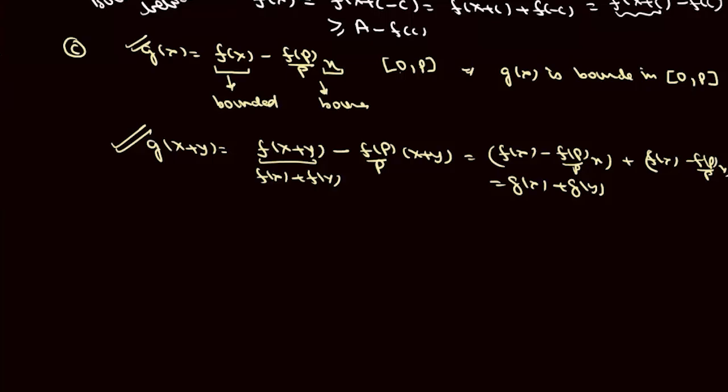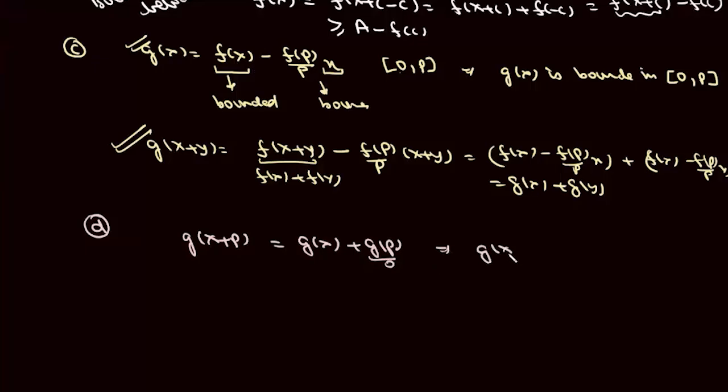Now in the next part it says, prove that g is periodic with period p. Now g(x + p) will be g(x) plus g(p), and g(p) will be f(p) minus f(p), so g(p) is 0.